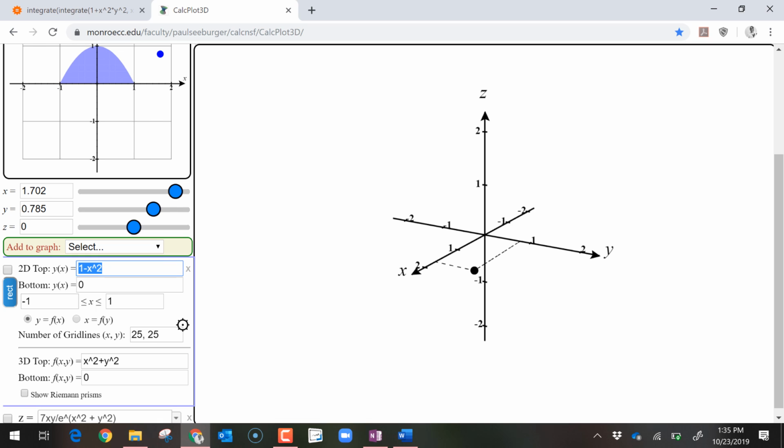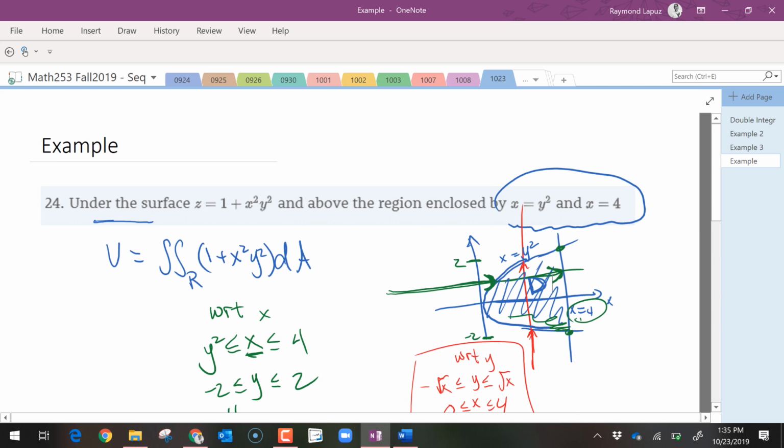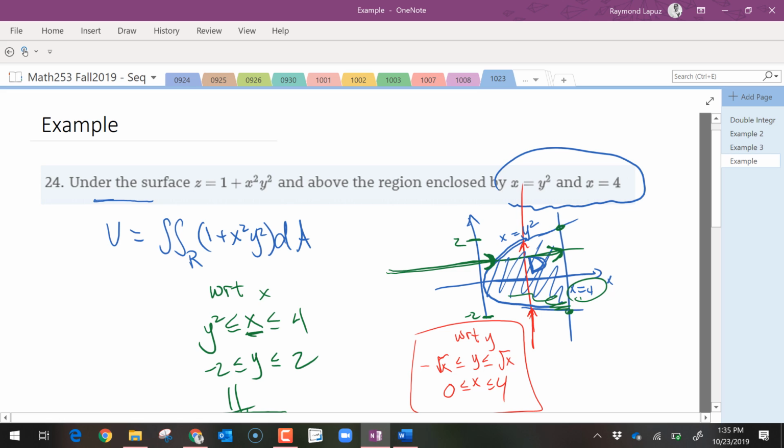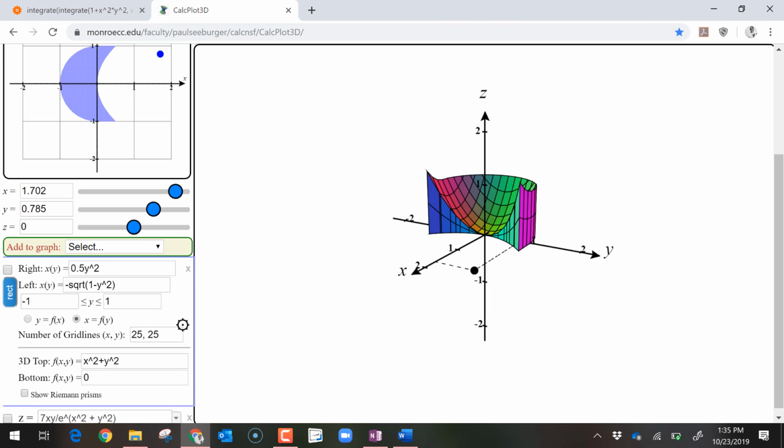So what kind of function are we dealing with here? Is it y equals f of x or x equals f of y? X equals f of y, right? Yes. Okay. So x equals f of y. And then they want to figure out what the right function is. The function on the right is what? It's like the top limit of the inside integral.